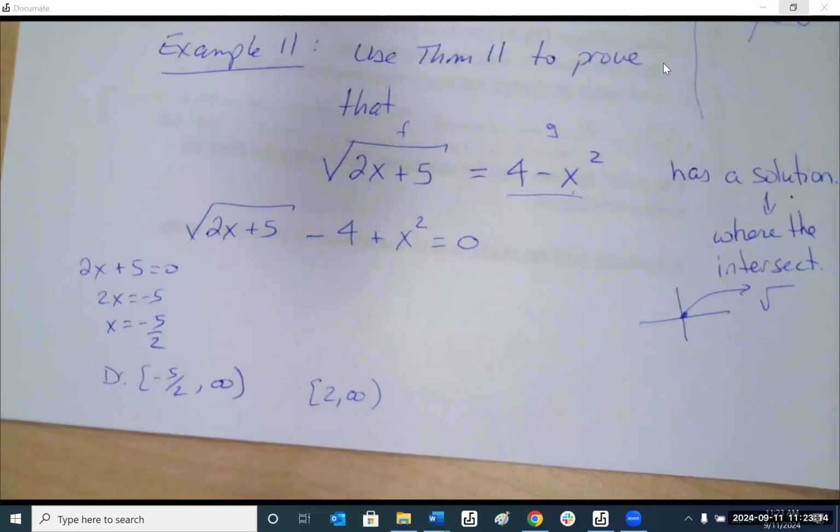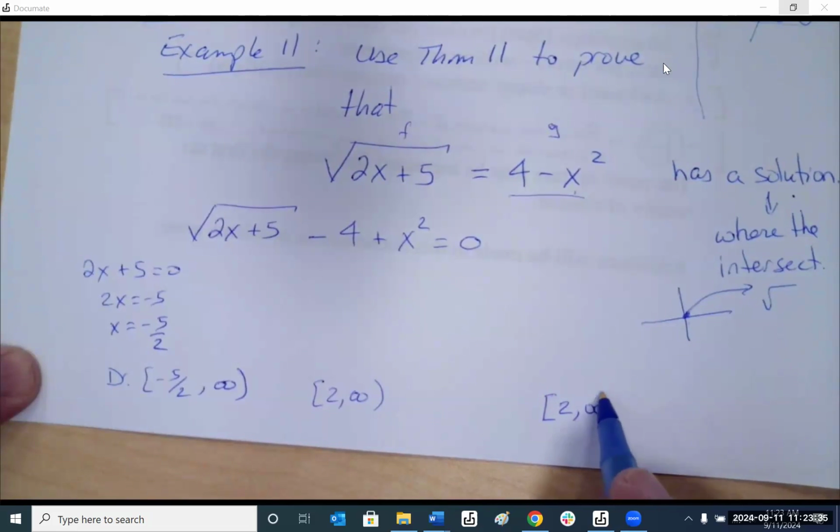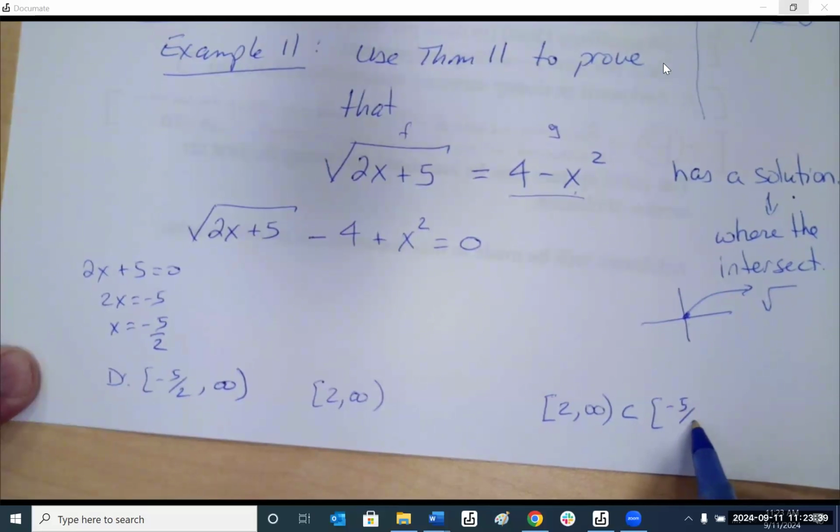But what do we notice about these two domains? Are they contained in each other? Yes, they're opposite signs. That's true. So is one contained in the other? What does that mean?